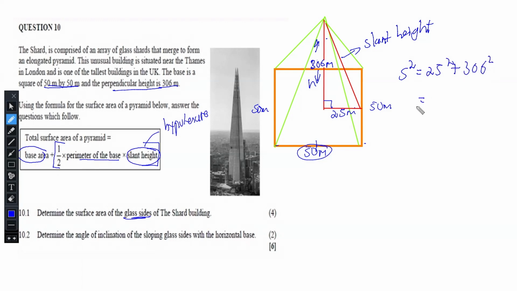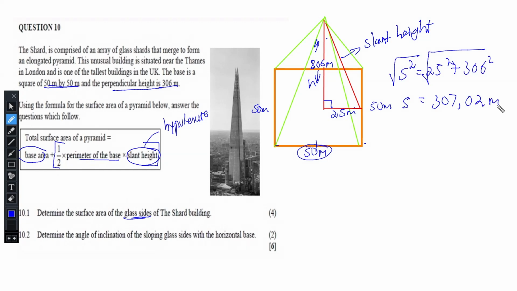Then you simply grab your calculator and punch it inside the square root. That is supposed to give you 307.02. So our slant height is 307.02 meters.